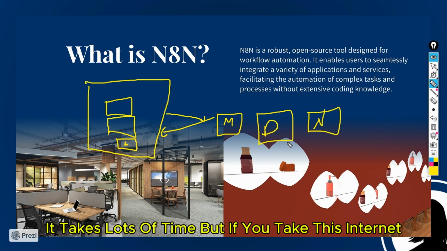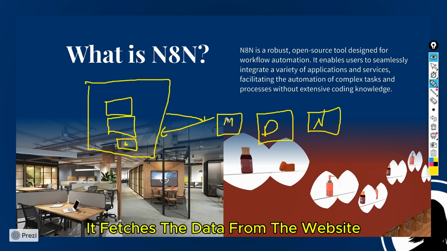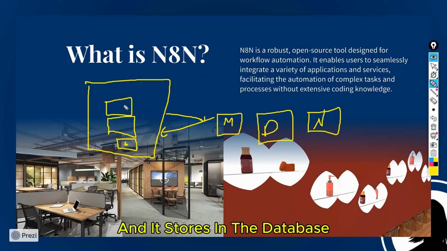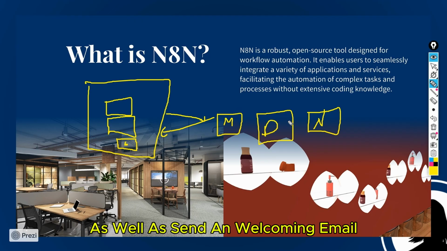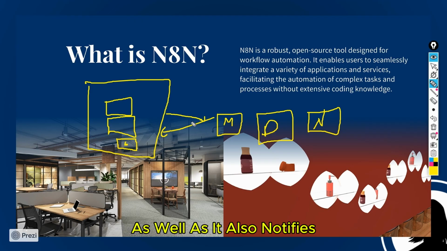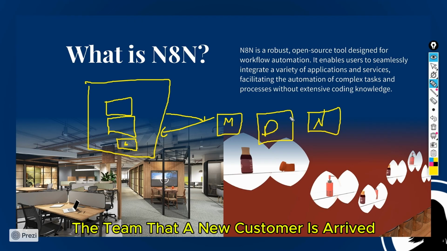But if you take n8n, it fetches the data from the website and stores it into the database, as well as sends a welcoming email, and it also notifies the team that a new customer has arrived.